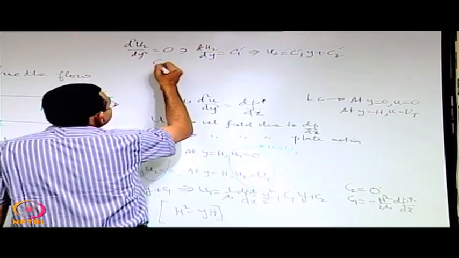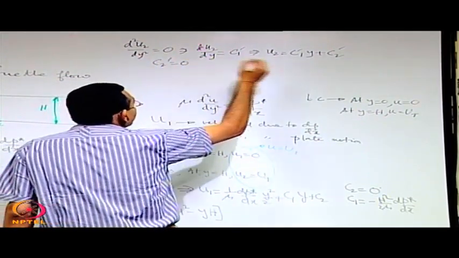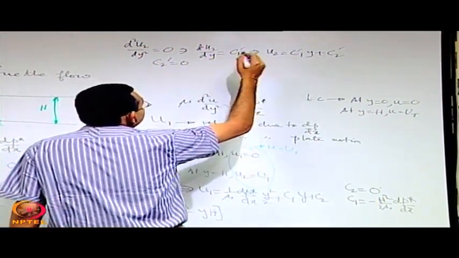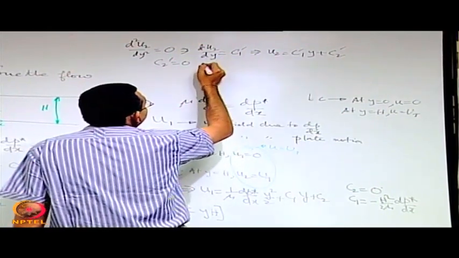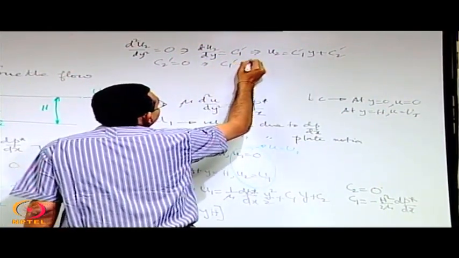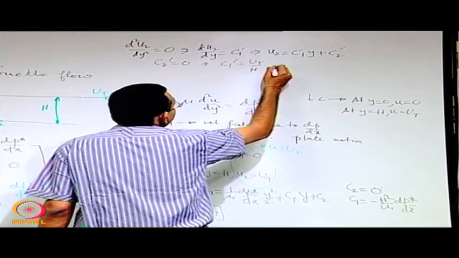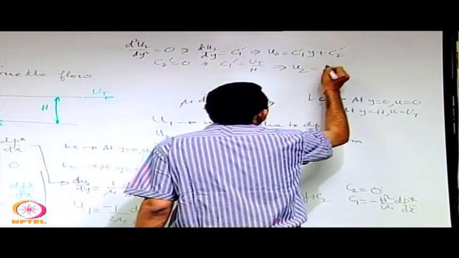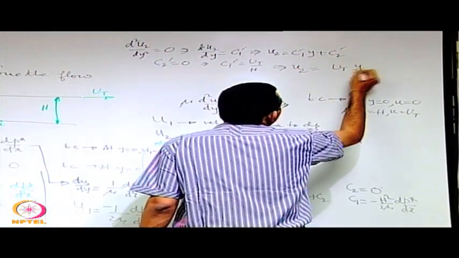So use the boundary conditions: at y equal to 0, u2 equal to 0, that means c2 prime equal to 0, and at y equal to h, u2 is equal to ut, that means c1 prime is ut by h. So u2 becomes ut into y by h.